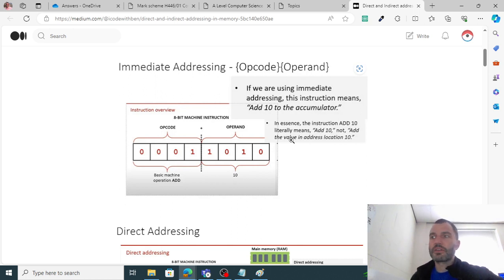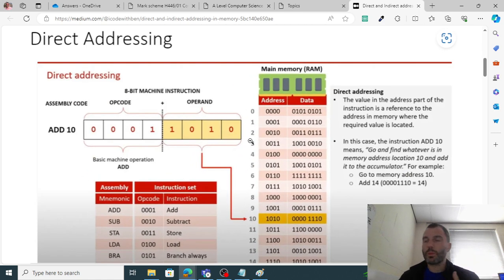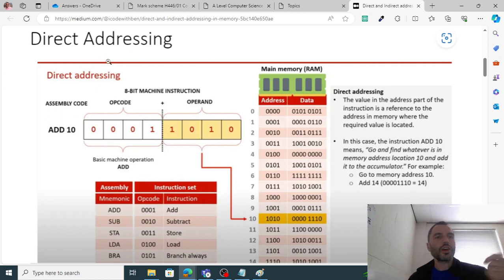And the disadvantage of it is that it limits the size of data that you can work with. You've only got 4 bits. When we look at the other ones in a minute, you'll understand why that's also a disadvantage in terms of the amount of memory you can use. So direct addressing: the operand is referring to an address with the data in.